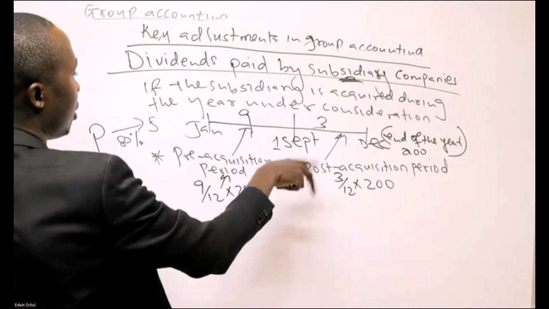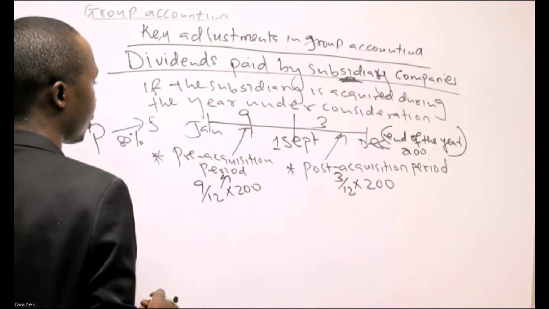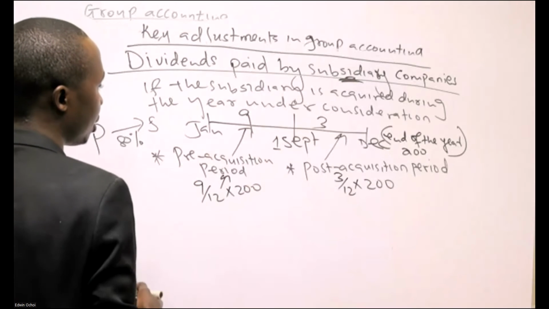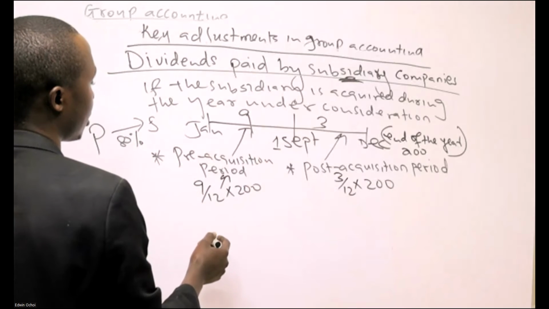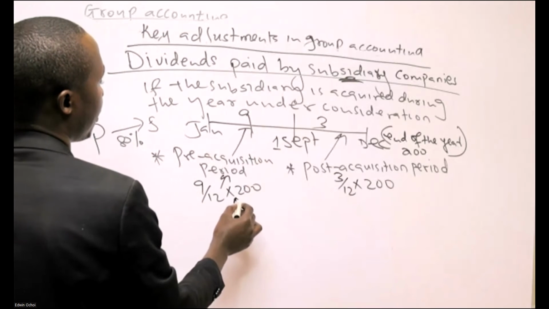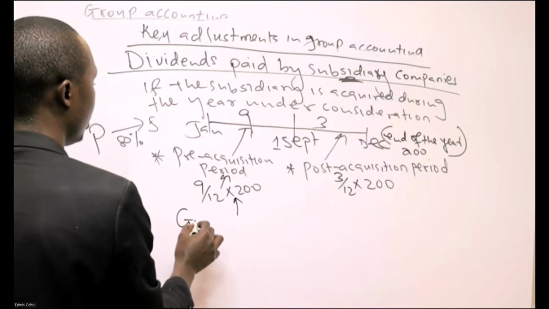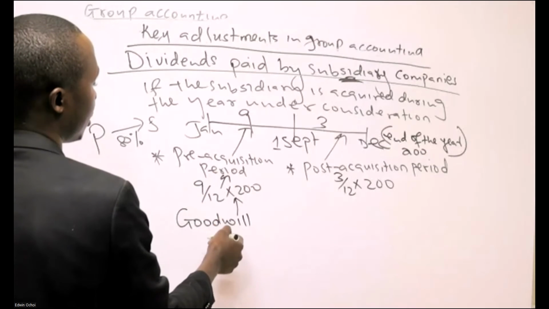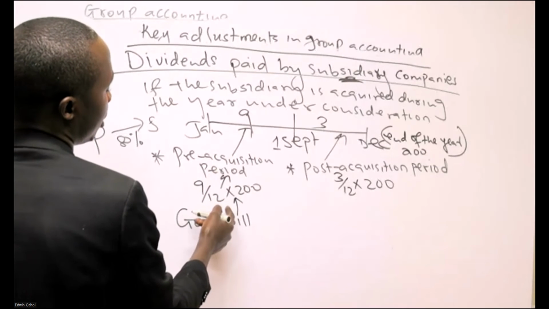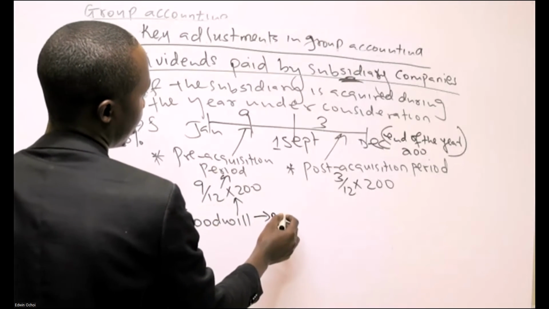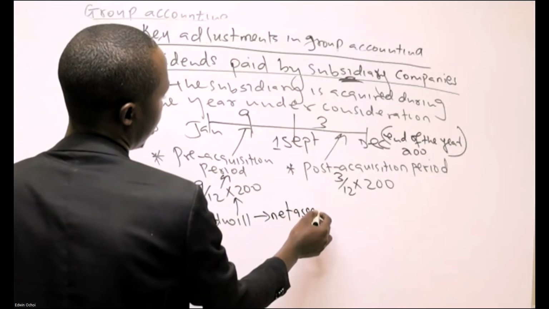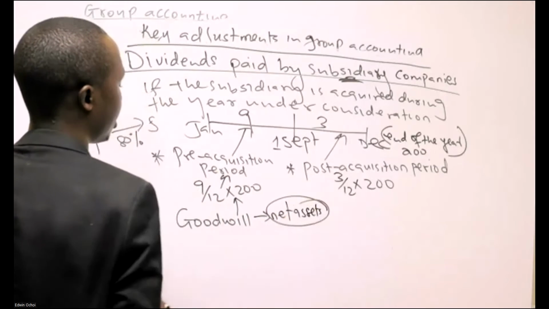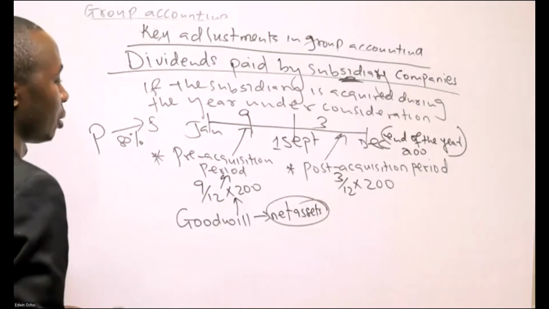So which accounts are affected? This pre-acquisition period affects the goodwill. So the figure you get from here will be used as part of net assets in the computation of goodwill.